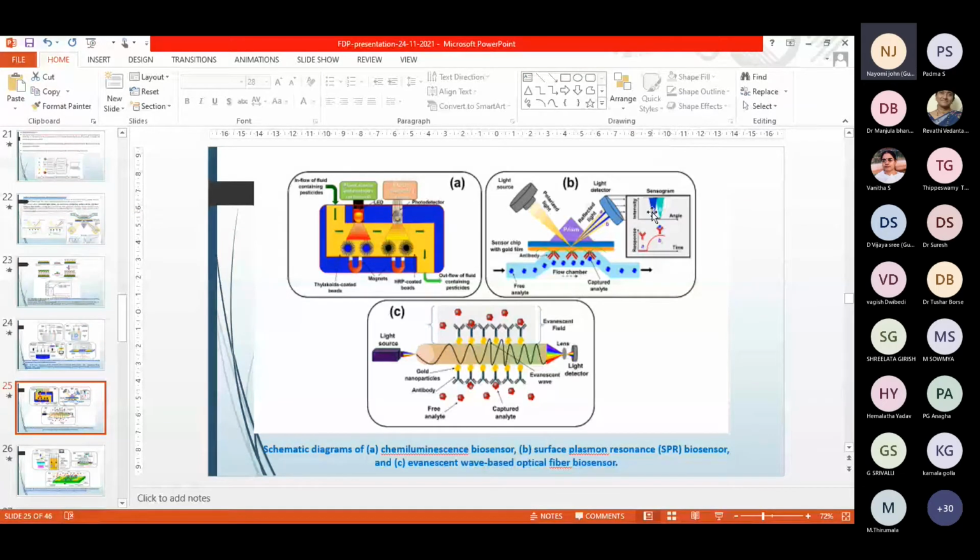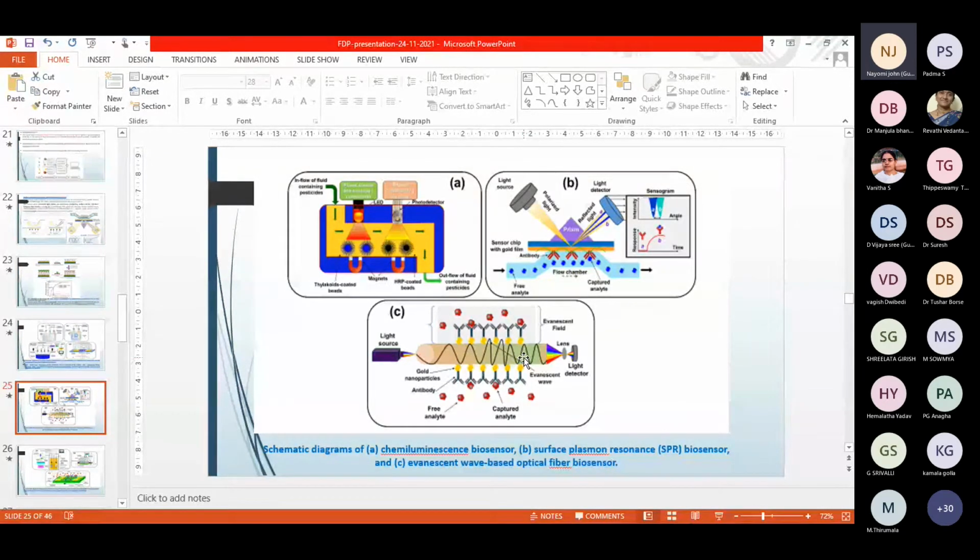These are waves generated with the help of a light source. If the analyte is present, for example an antigen, that will change the intensity or the oscillation frequency of the evanescent waves. So whether the analyte is present or not, one can detect based on the change in the evanescent wave oscillations or frequency.